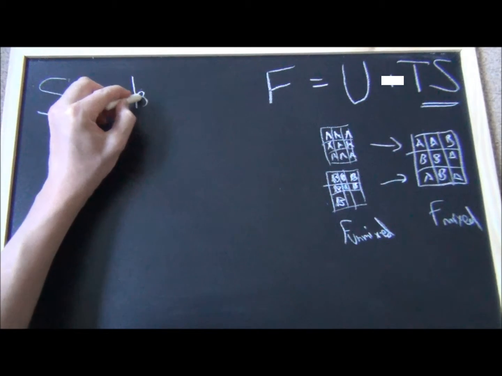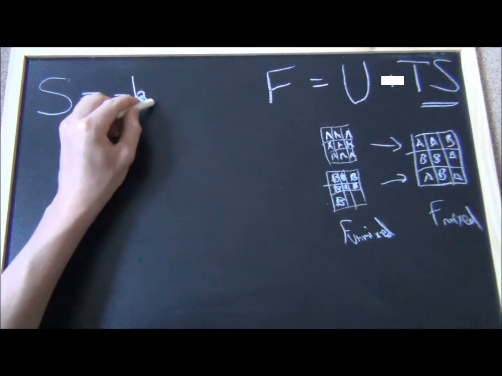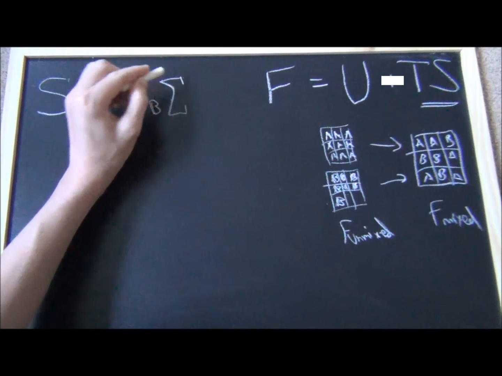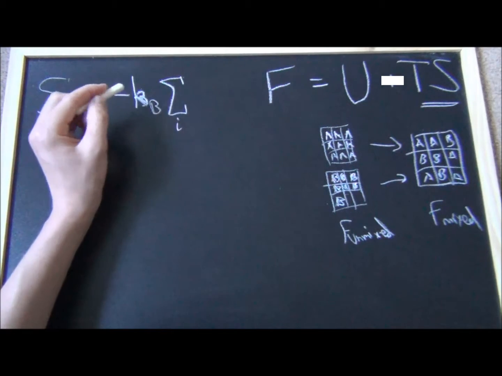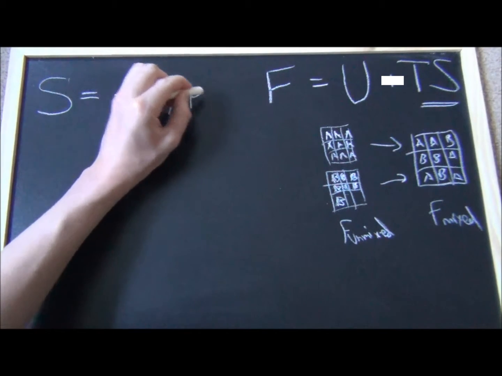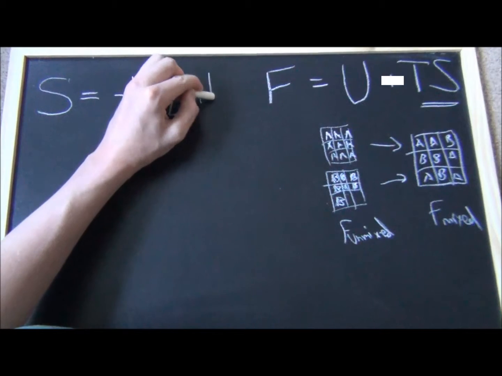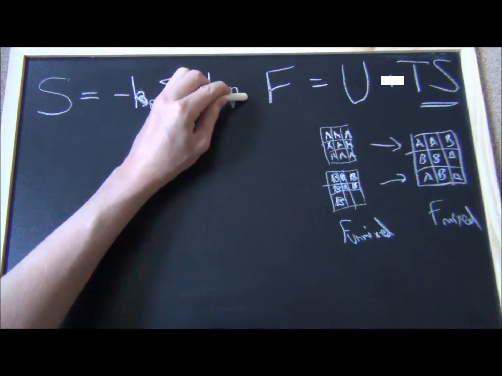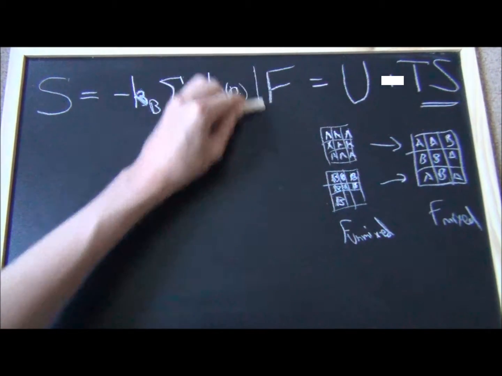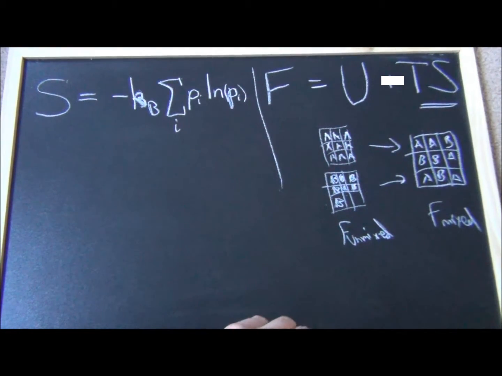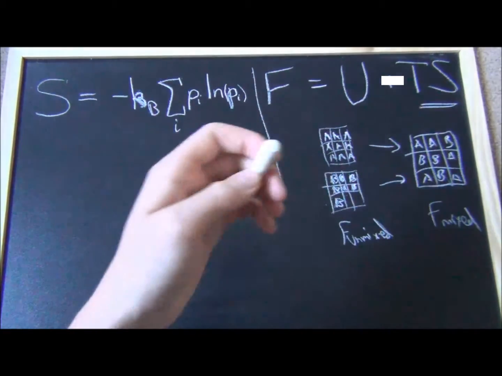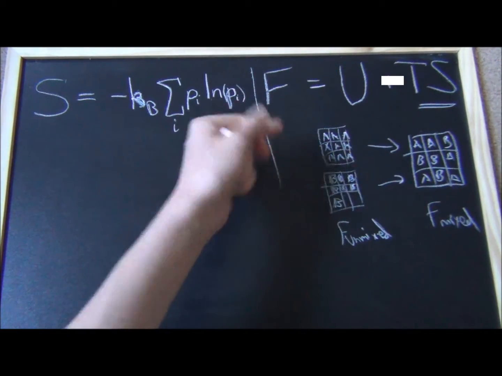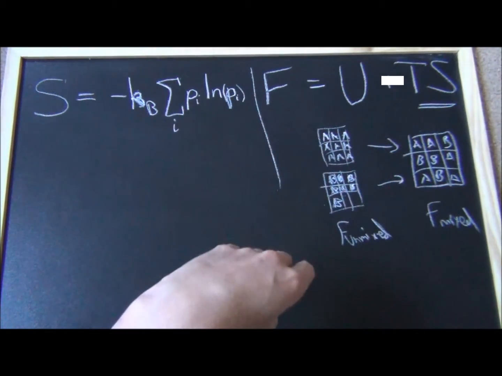And so that's our k Boltzmann times the sum over possible microstates of the probability of each microstate occurring, being the one that's occurring, times the log of that probability. So obviously if there's only one possible microstate, then you're going to have a 1 there, and log of 1 is 0, so you would have 0 entropy.